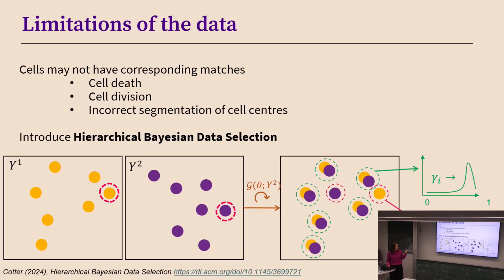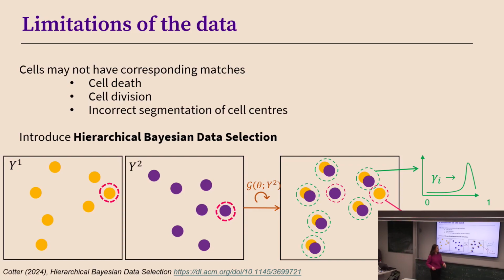What we want to do is identify the transformation between these 2 point sets while, and I'm going to use a terrible term now, tempering out the contributions of those 2 spurious cells. We do this through data selection, by inferring the transformation, but also by assigning fidelity parameters to each of the points, the yellow points, which describe the contribution of that cell to the likelihood.